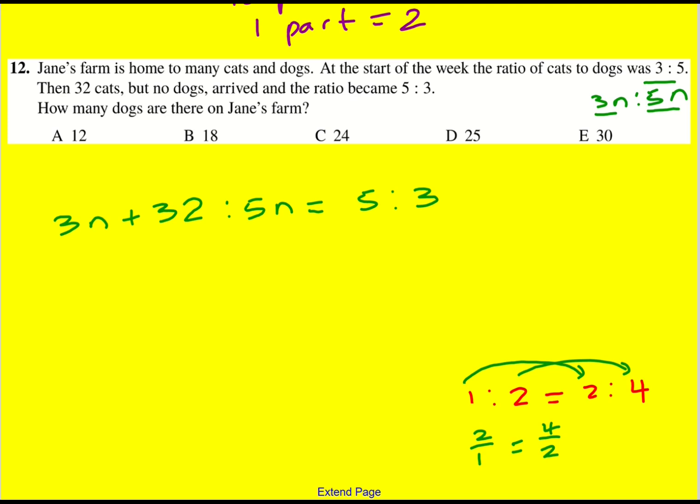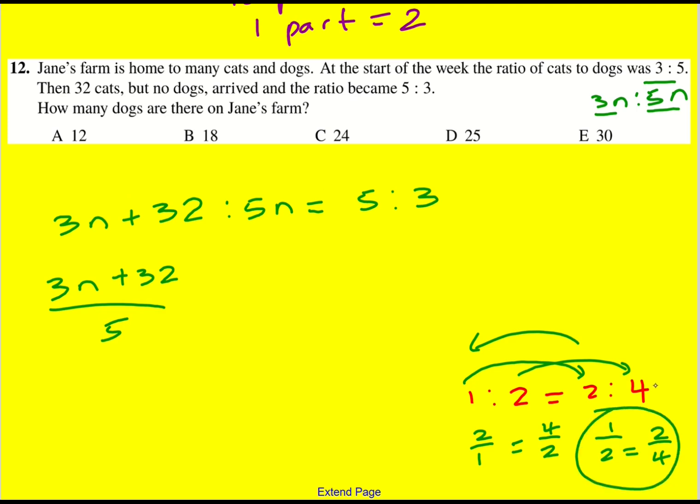I could also do it the other way around: 1 over 2 equals 2 over 4, timesing by a half. That's more useful here because I want the n's on the top. So 3n plus 32 over 5, the two left ones divided again, is going to equal 5n over 3.